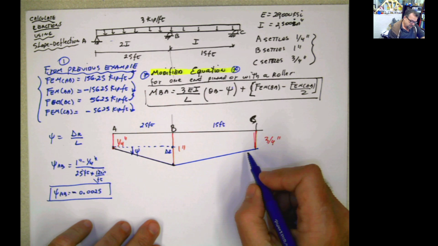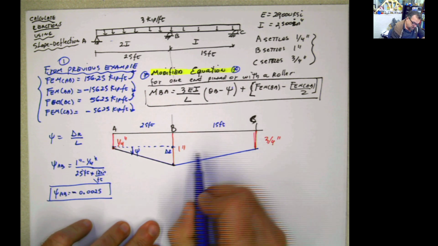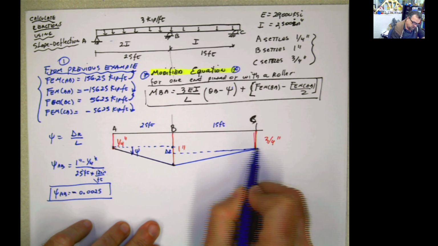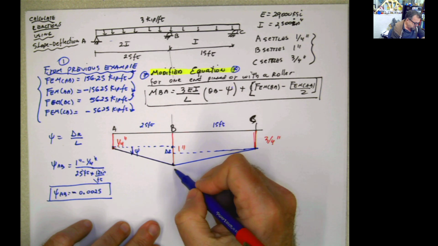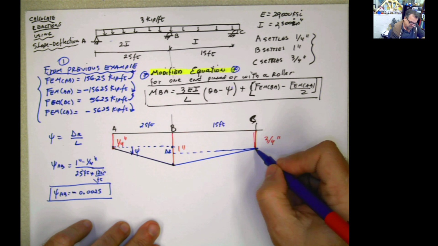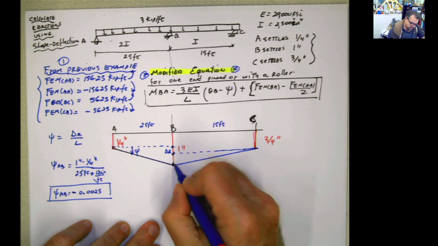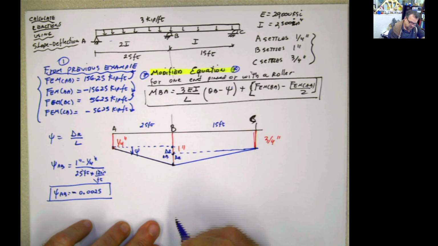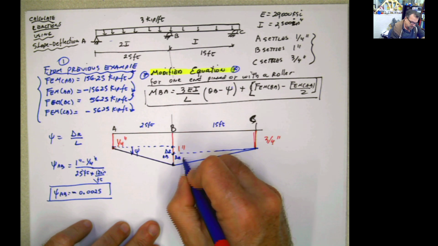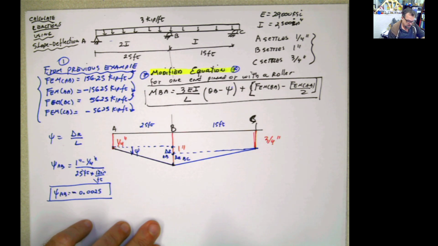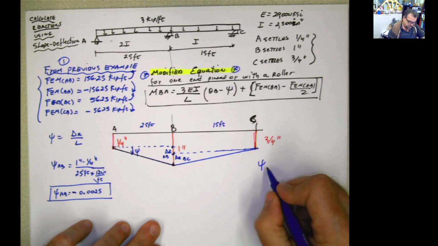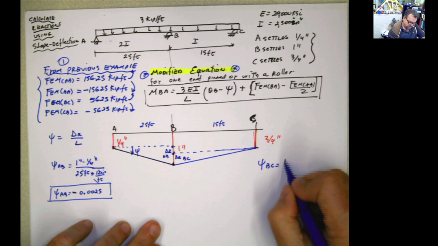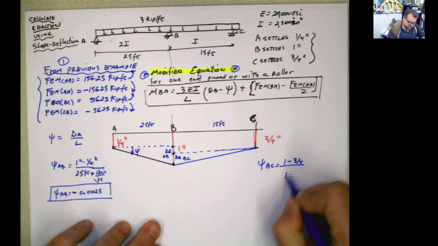Now let's calculate the same thing for this span. Look what happened here. Support B says 1 inch, whereas this support says 3/4 of an inch. So the previous one was for AB, and this one is the relative settlement between B and C. So psi BC is equal to 1 minus 3/4, divided by 15 times 12.